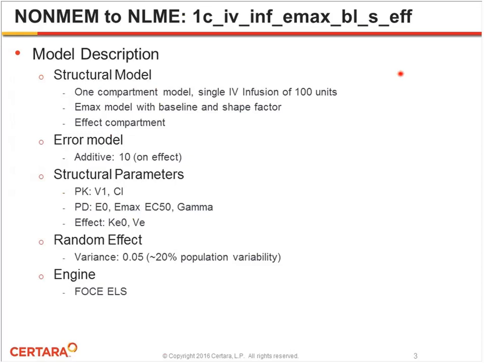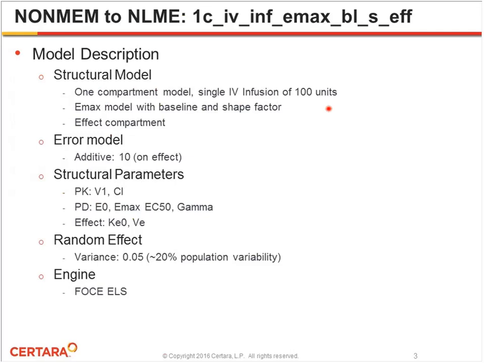So what is the model? Here, once again, in more detail, we have a central compartment for our PK, to which we apply a single IV infusion of 100 units. And then we have an Emax model. It's an inhibitory Emax model with baseline and shape factor.